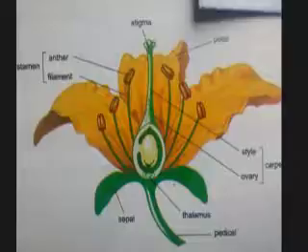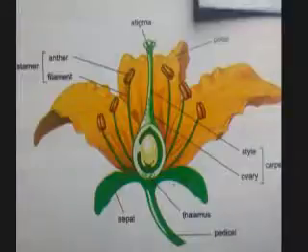Anthers contain pollen grains. So filaments and anthers collectively are called stamen. And stamen is also the male reproductive organ in the flower. Stamens are 6 in number, and the whole whorl of 6 stamens is called androecium.